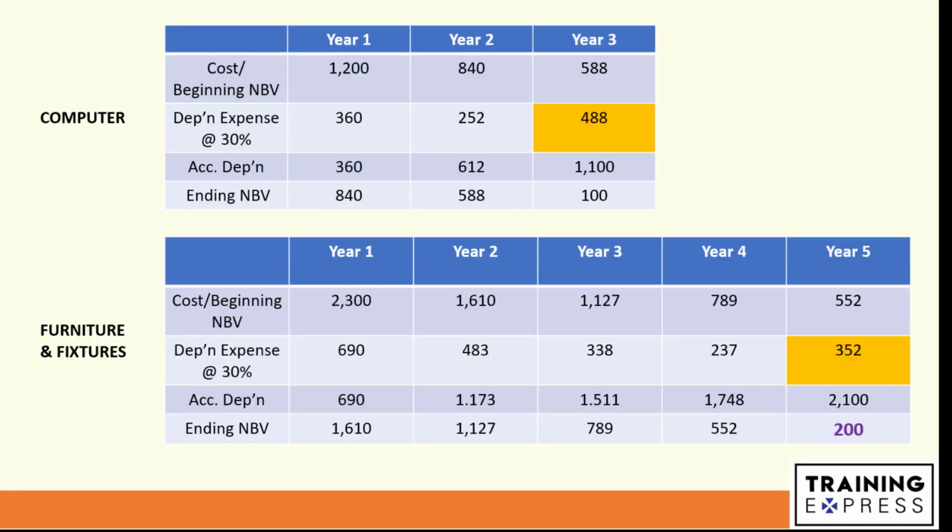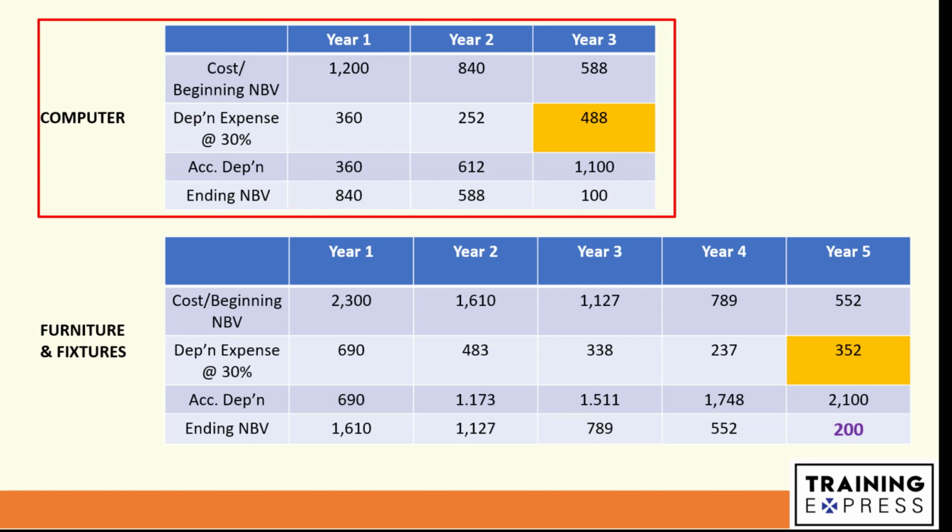Now let's look at how we can calculate depreciation for computer and furniture and fixture using the declining balance method. Let's look at computer. We will start with our cost in year number 1, $1,200. We are assuming a depreciation rate of 30%.